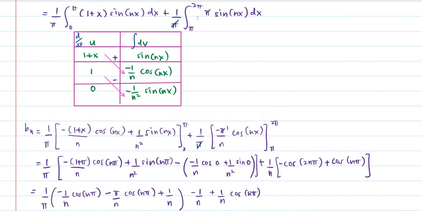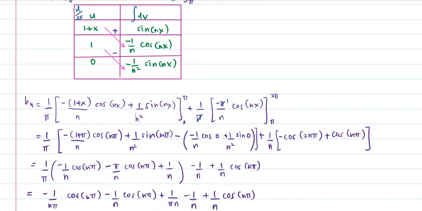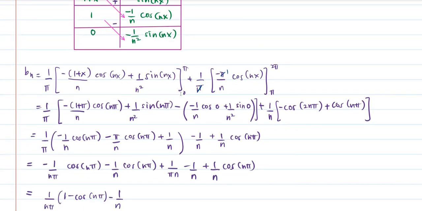And this one, integrate. This pi will be here. Integrate pi to 2 pi sin nx with respect to x is negative 1 over n cos nx from 2 pi to pi. Remember, substitute upper limit minus the lower limit, and here too. This one will be negative 1 plus pi over n cos n pi plus 1 over n squared sin n pi.